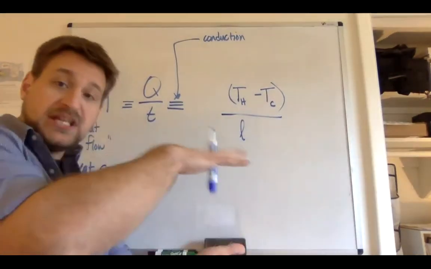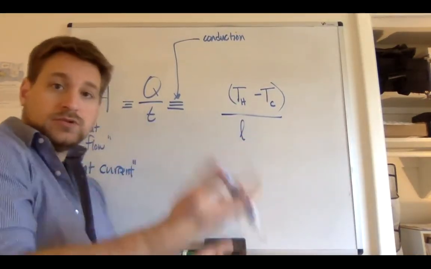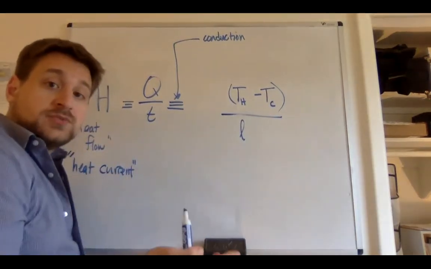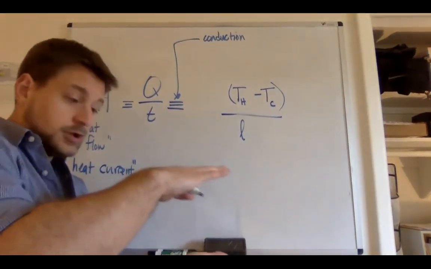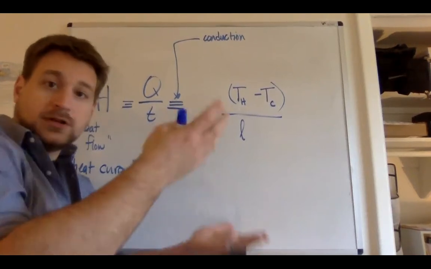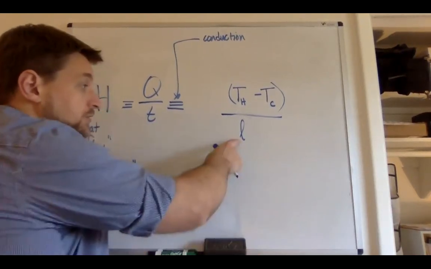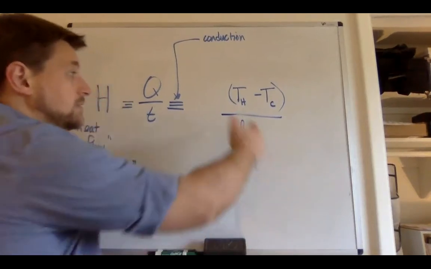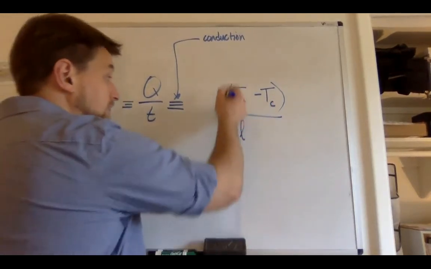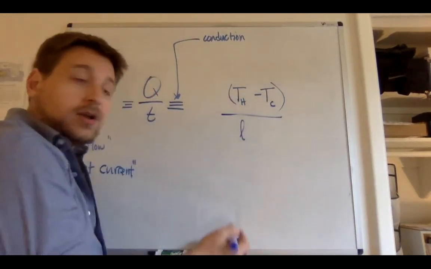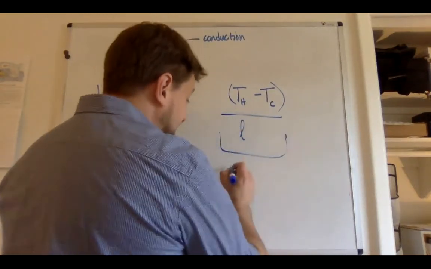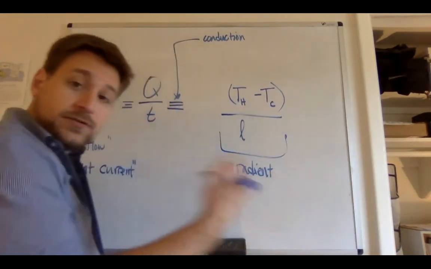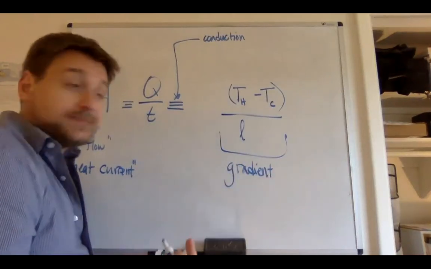If we used a big hunk of aluminum, the heat current would not be as large because it's got to go through that large distance of aluminum, as opposed to a thinner distance. So the distance between those two temperatures, and it's really this that we're going to call the gradient: how much temperature change over how much space?